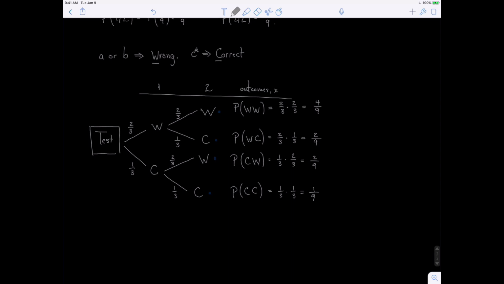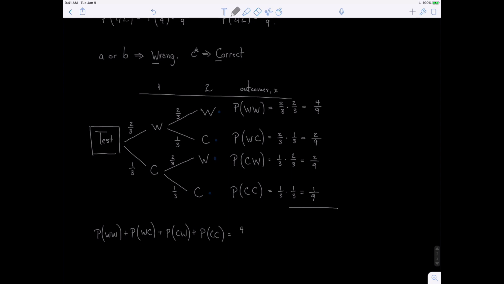Well, wait a minute. Let's think of it this way. If I was to add all of these up, so let's write this out: the probability of a wrong and a wrong, plus the probability of a wrong and a correct, plus the probability of a correct and a wrong, plus the probability of 2 being correct.